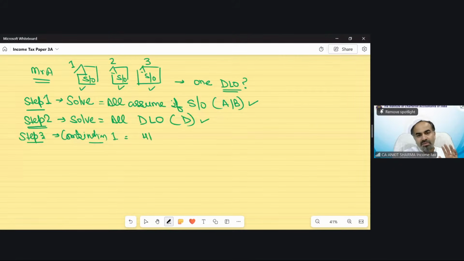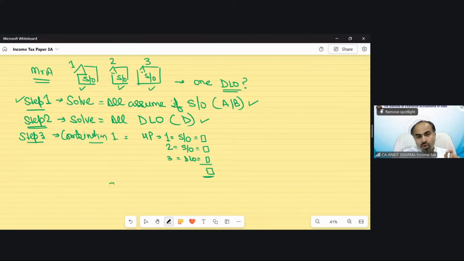So for house 1, take the self-occupied value, because in step number 1 we have solved all 3 houses as self-occupied. For house number 2, the self-occupied value needs to be considered. And for house number 3, take the value as deemed let out. And find out the aggregate value of combination number 1.